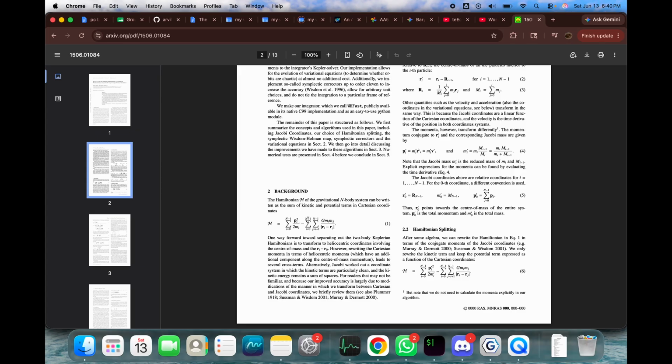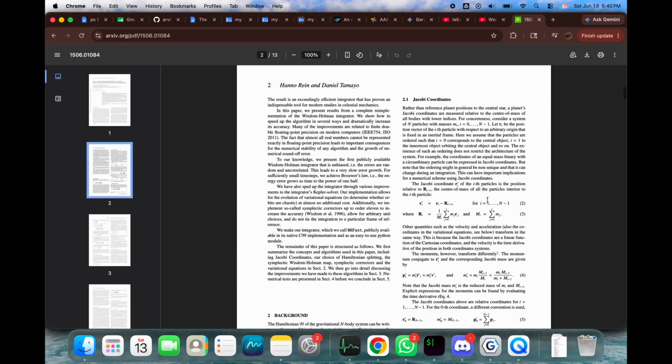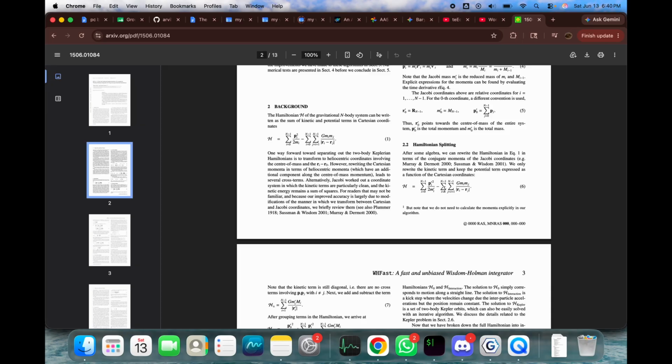So p_i squared over 2 gamma_i means the sum of gravity, minus the sum of gravity. You have this section of Jacobi coordinates here. Hamiltonian splitting in terms of the conjugate momenta. We only rewrite the kinetic term and keep the potential expressed in Cartesian coordinates.